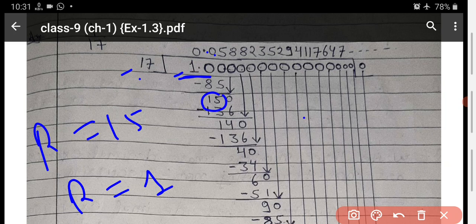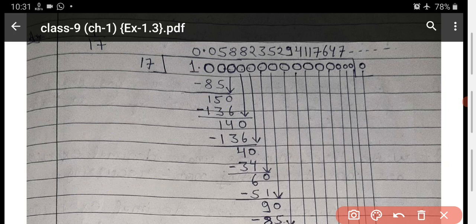So it becomes 15, then write another 0, it becomes 150. Then 17 times 8 is 136. You subtract, again you get 14, then write 0, it becomes 140. Then 17 times 8 is again 136. Now you get 4 as a remainder, write 0, it becomes 40. Then 17 times 2 is 34, again you get 6.